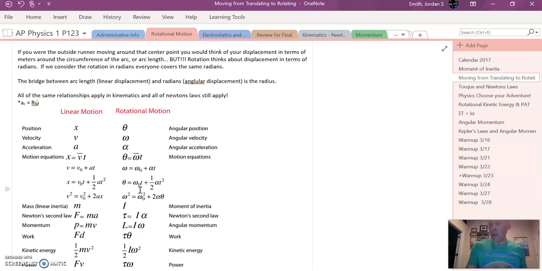And then as you rotate through something like that, the real trick is that you relate angular and linear stuff based on the radius.